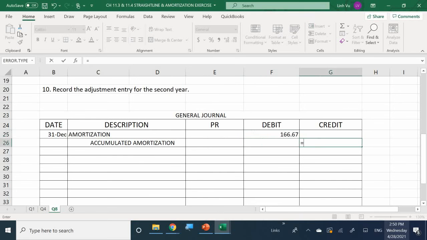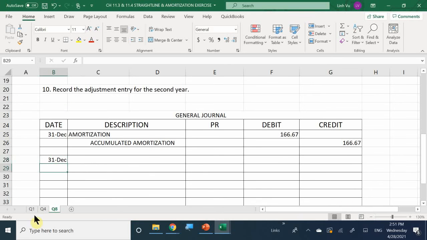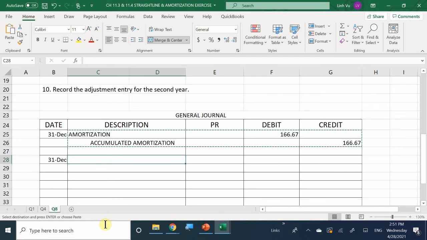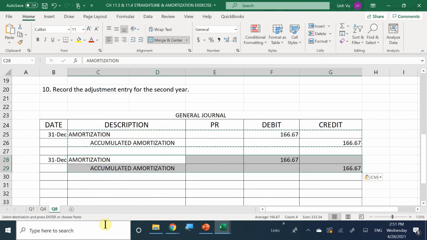Okay, and therefore that holds the same thing too. What about for year 2? What is my journal going to look like for year 2? Exact same as last year. Correct. It's going to look identical.